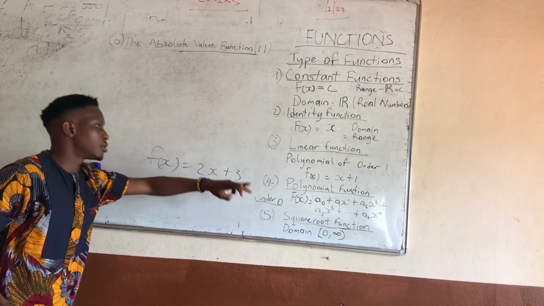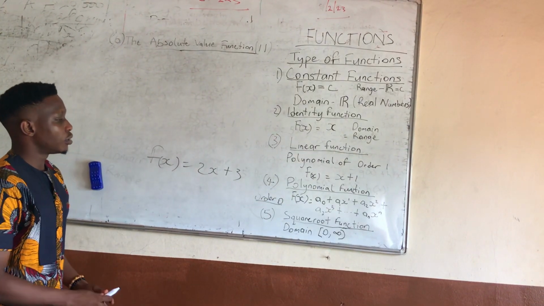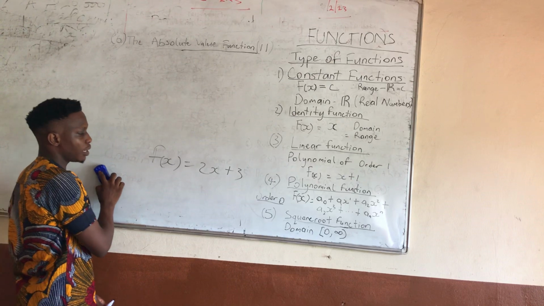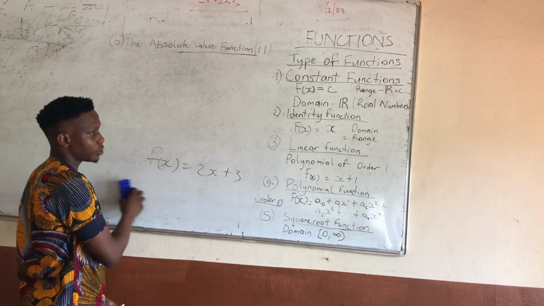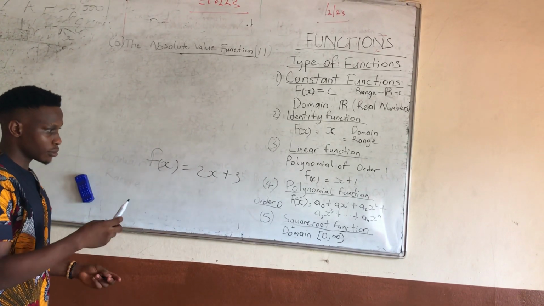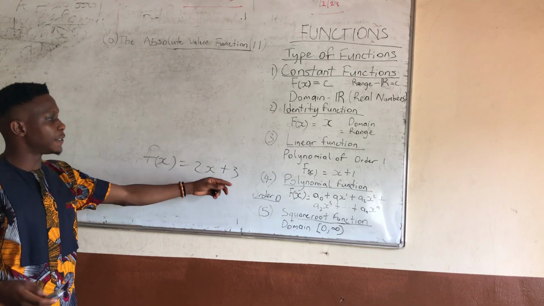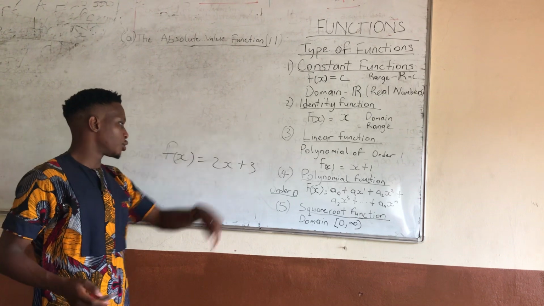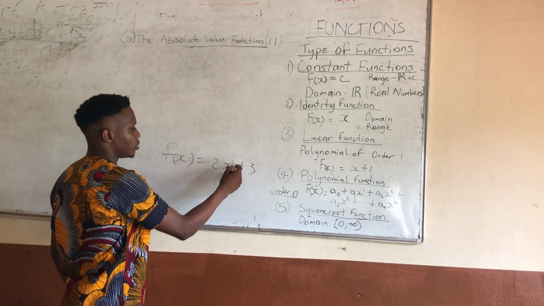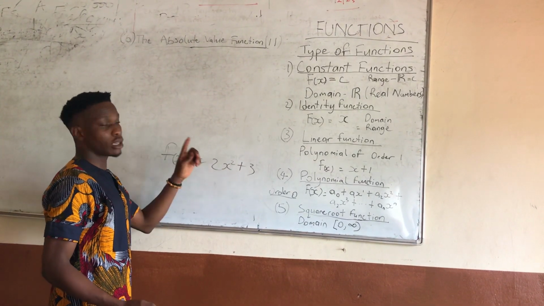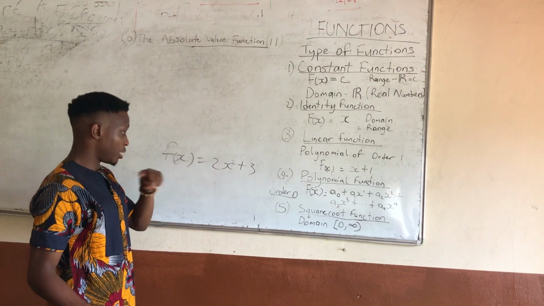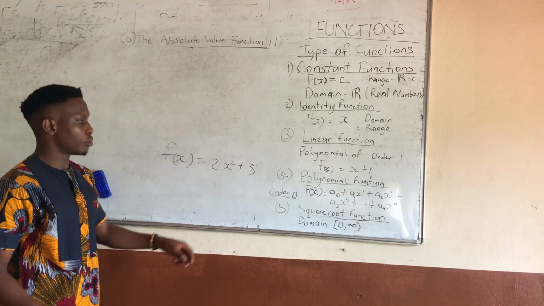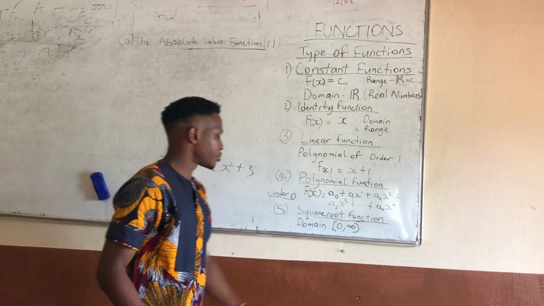Then the next is the polynomial function. The polynomial function, let me explain this in depth. You get the linear function from the polynomial function, then the quadratic function, the one where the variable x is raised to the power 2. This is illustrated here.